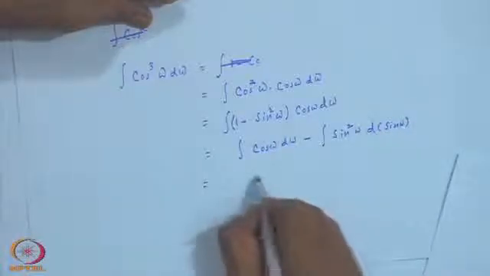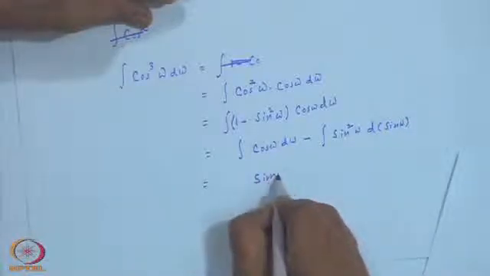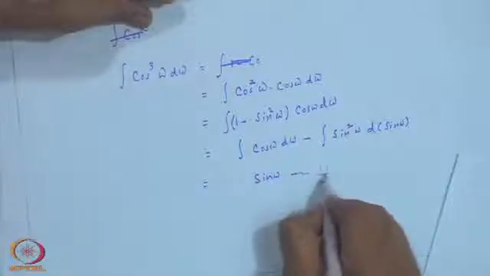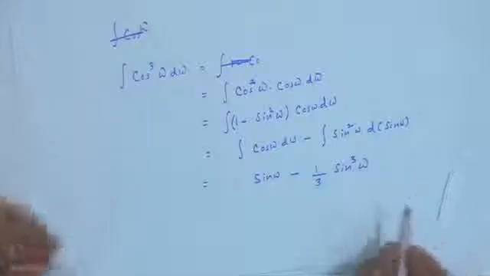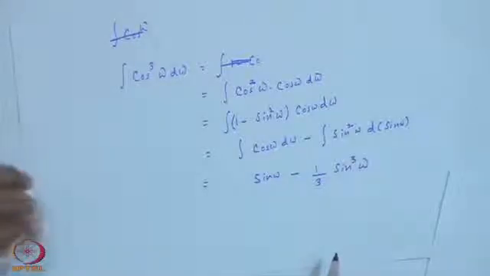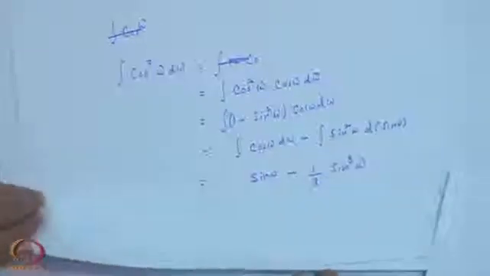This is nothing but sin omega minus 1/3 sin cube omega. So, it is not at all difficult to evaluate this integral, except that it will be a very lengthy expression that you have got.